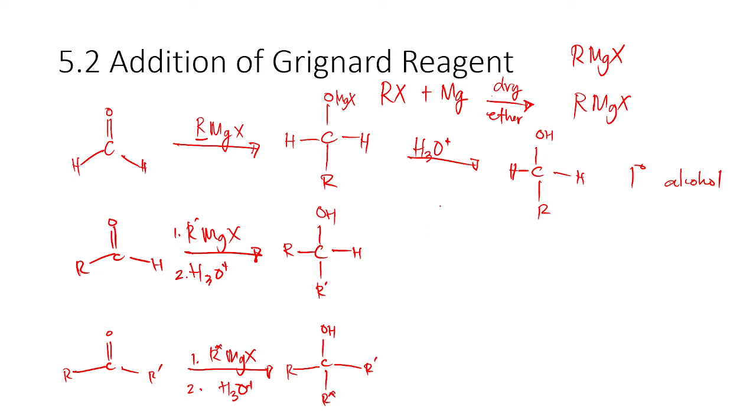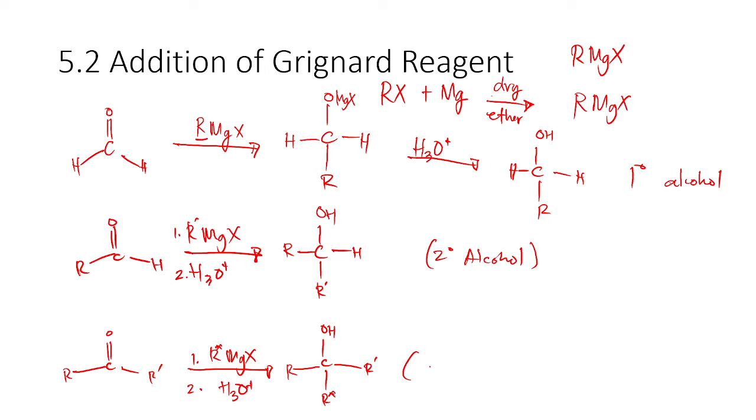So, kapag methanol or yung tinatawag nating formaldehyde, we will have a primary alcohol. If we have our higher aldehyde, in-expose natin sa Grignard reagent and acid, we will have here a secondary alcohol.